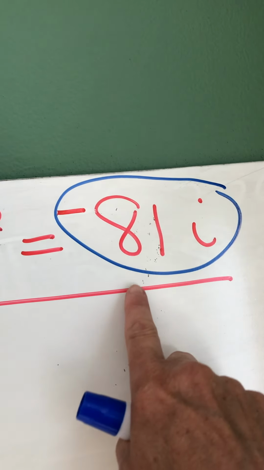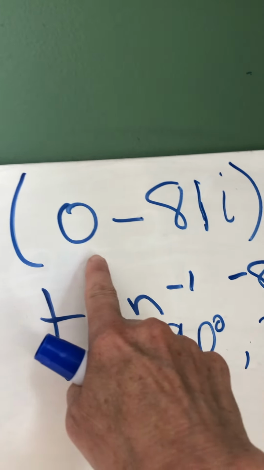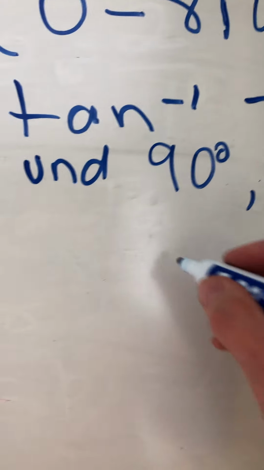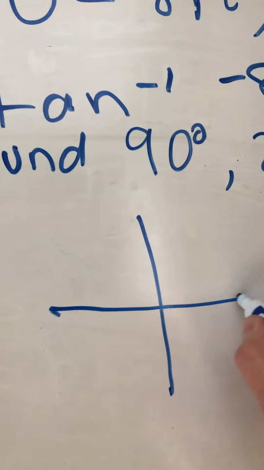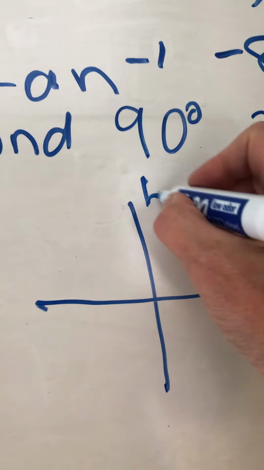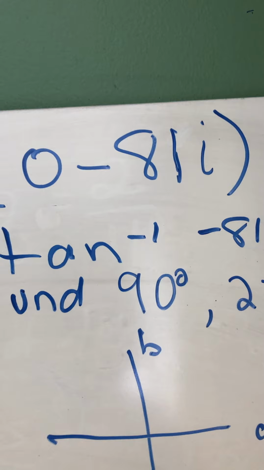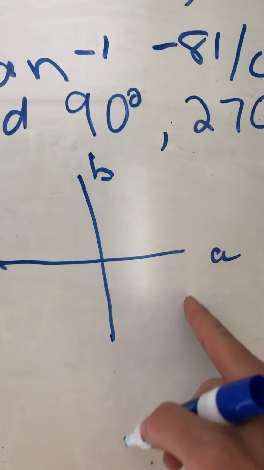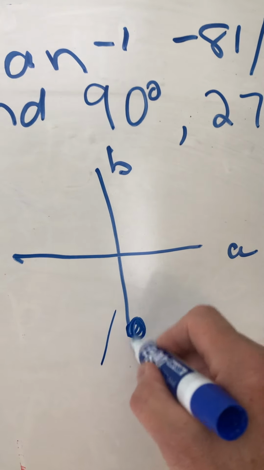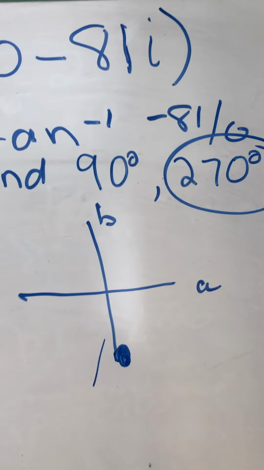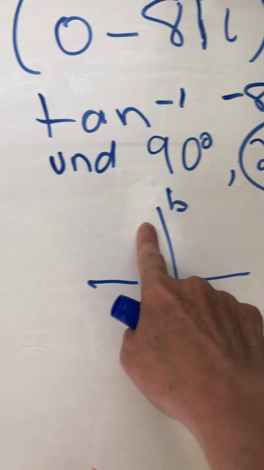If we graph 0 minus 81i on our complex plane, here's A and here's B, and it would be 0 comma negative 81. That would be down here. I would be at 270 degrees. That must be my angle. I am obviously not up at 90 degrees.